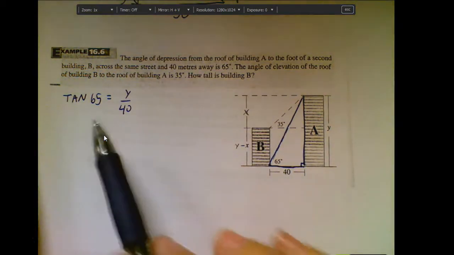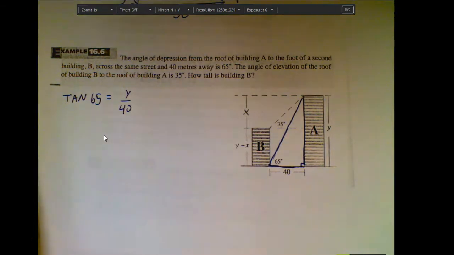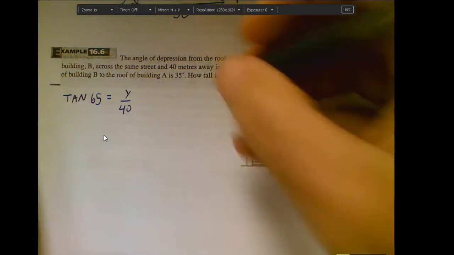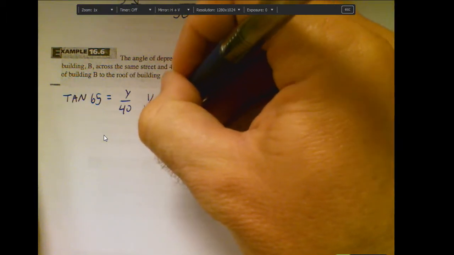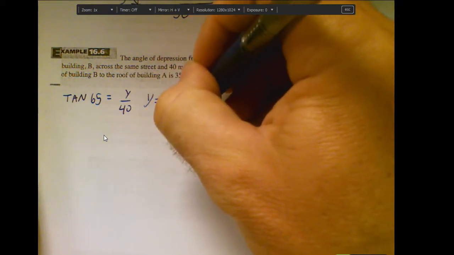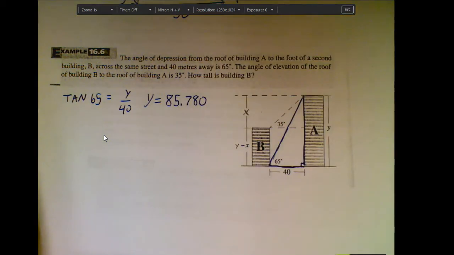If we solve that in our calculator, multiply the 40 over to here. If you go into your calculator and hit 40 tan 65, you're going to come out with a Y value of 85.780. I'm going to go a few decimals deep simply because we're not done yet.